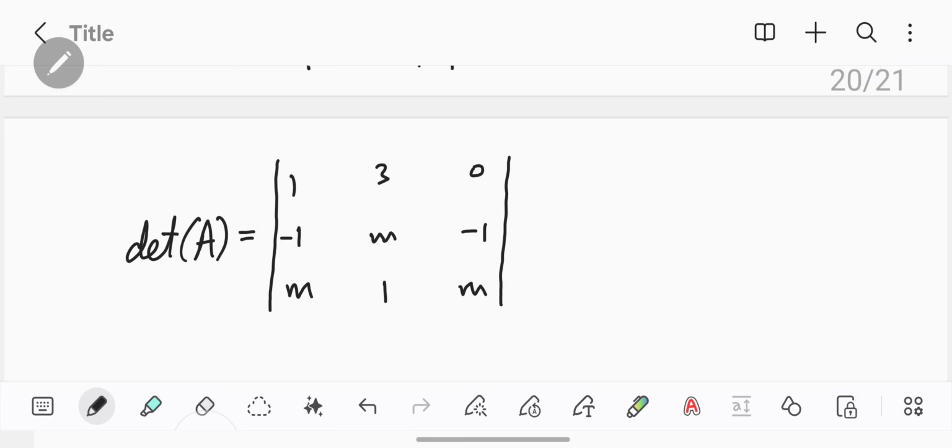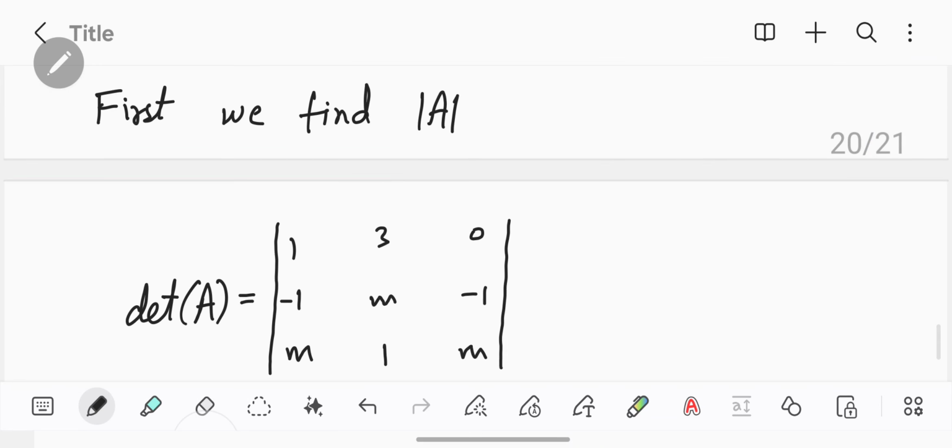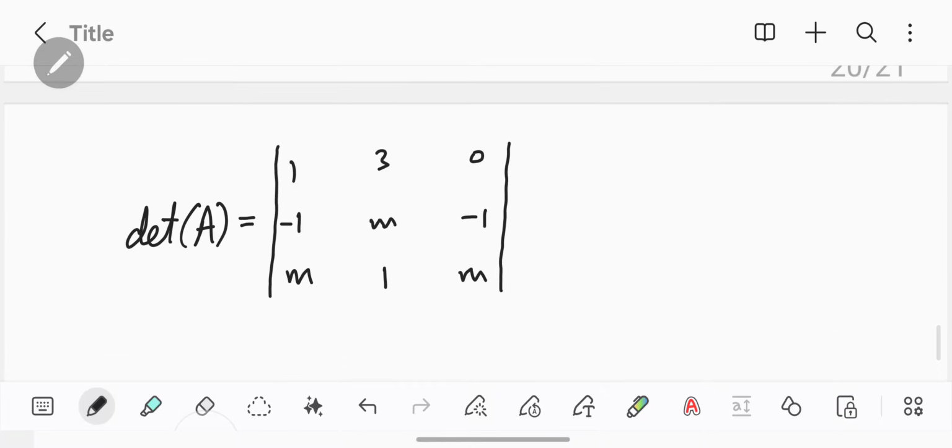So here you have matrix A and we have to find its determinant. In order to find the determinant, we will check which row or which column has the most zeros. You will see the first row has more zeros. So it is better if we make this element 0 also by using column operations.